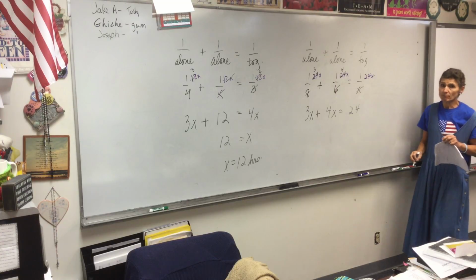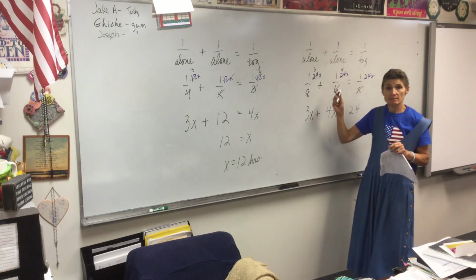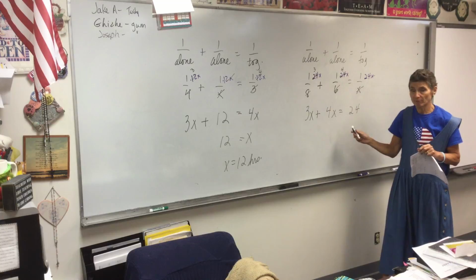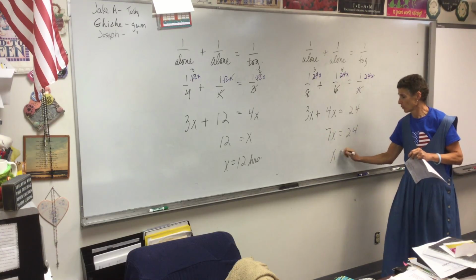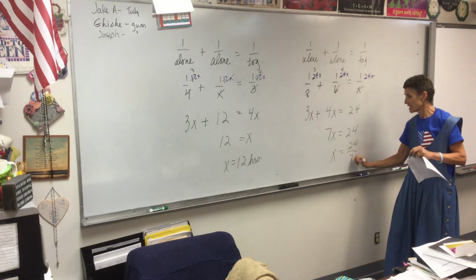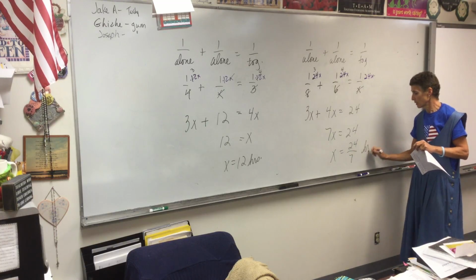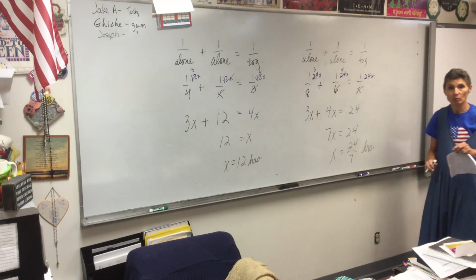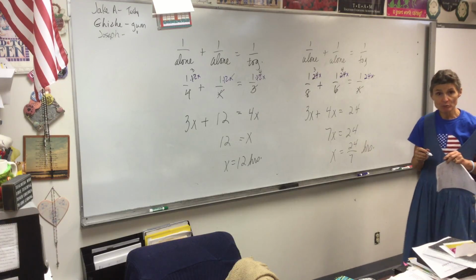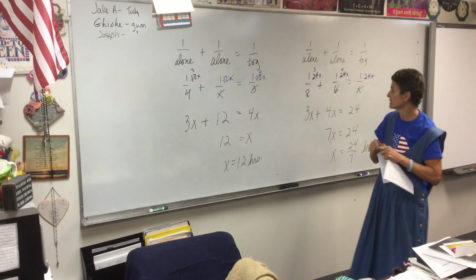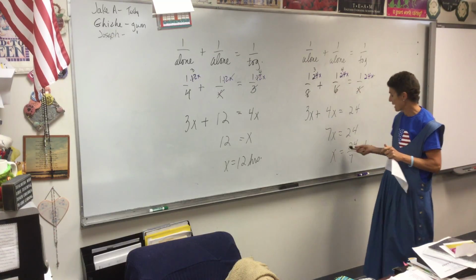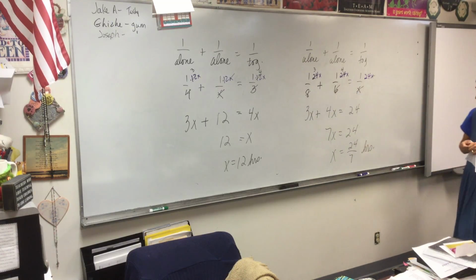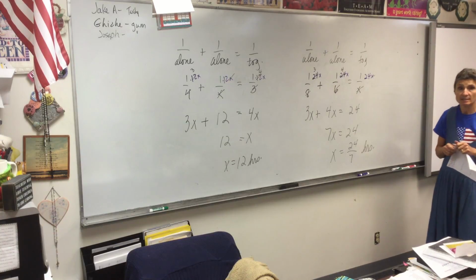Now, if you used a different number, like 48x, this is going to look a little bit different, but in the end, your answer is going to work out to be exactly the same as mine, which is 24/7 hours. You may have to reduce yours if you used a bigger common denominator, but you will end up with exactly the same answer as I did, 24/7 hours.